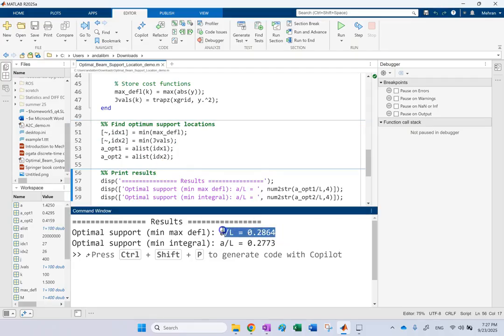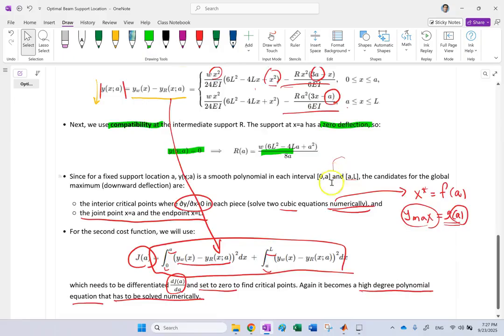As you can see, if I look at the normalized coordinates, for maximum deflection, the best place was about 0.286 of the length, and for the overall integral of the deflection, it was about 0.277. And these two numbers are very close to each other.